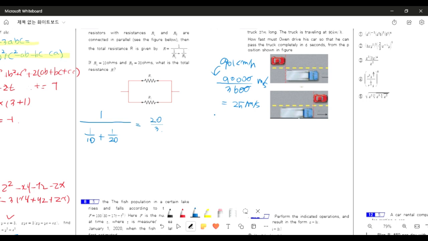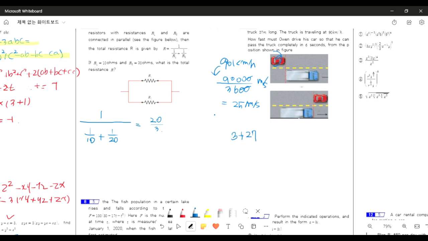Okay, so the car is 3 meters and the truck is 27, so 3 plus 27. The car passed the truck completely in 6 seconds.